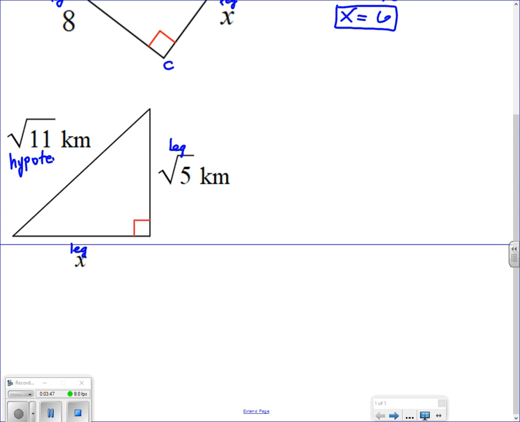Now remember that the legs are a and b, so it doesn't matter. Call one a, call the other leg b, and the hypotenuse will be the c value.